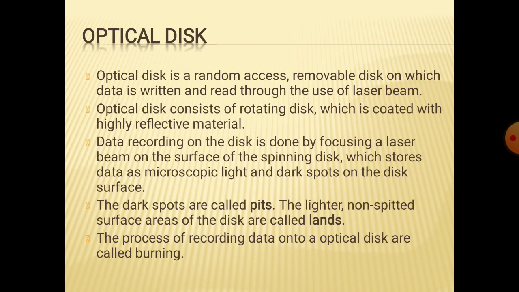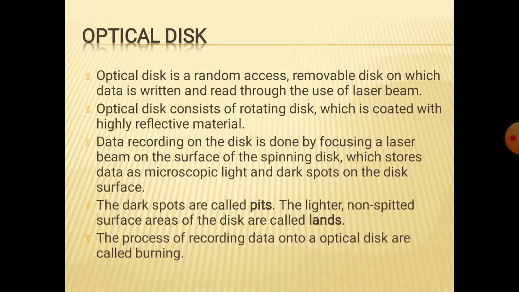We take the laser beam and focus it on the disk. The area where the laser beam is focused is where the data is stored, and that area becomes dark spots. It creates the dark spots, which can be done through the microscopic lights.